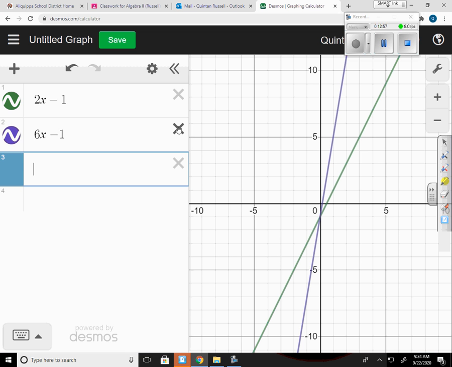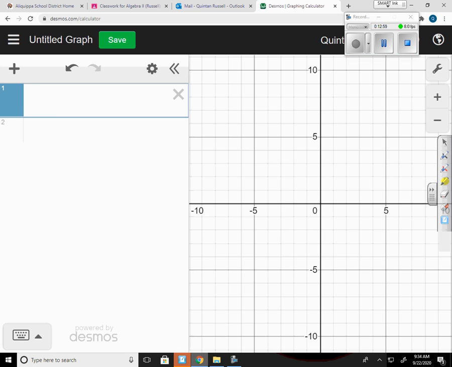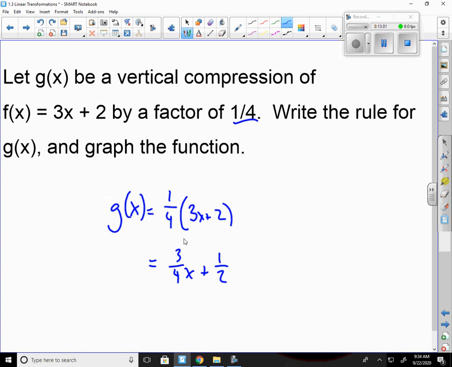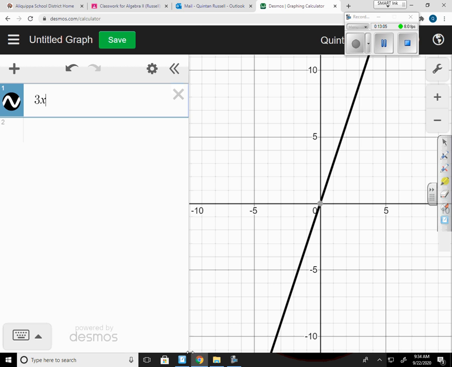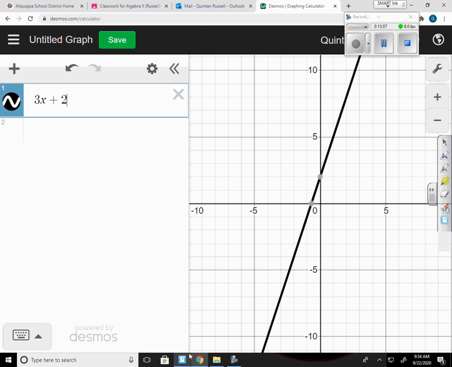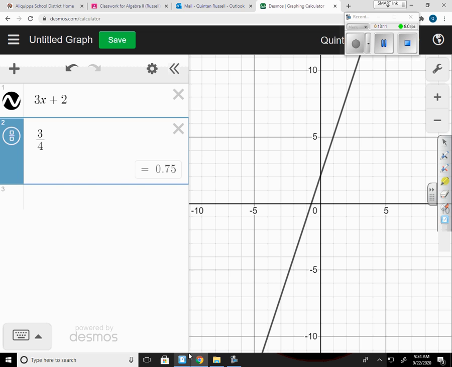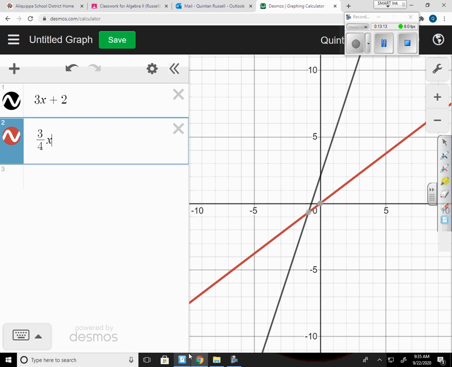I can now put those two in Desmos. My original was 3x plus 2. And then my second one was 3/4, just the over button, x plus 1/2.